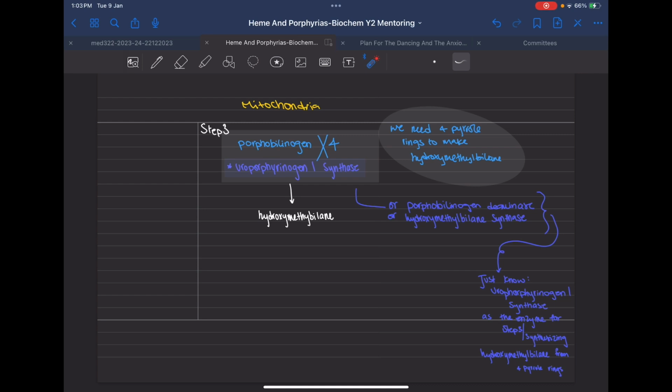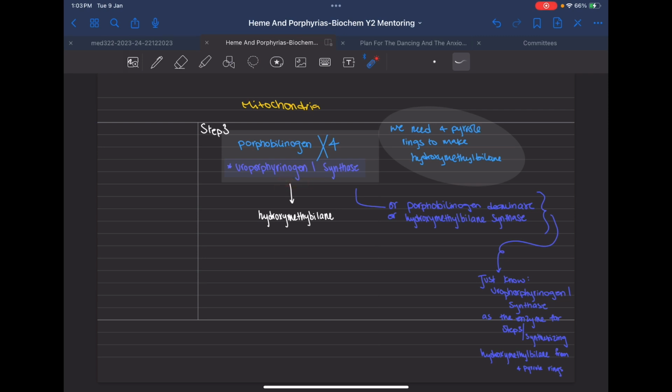linear. So this is actually here just to clear up any confusion, because in your lecture slides there is more than one enzyme name written, and when I was doing my own research for preparing for this mentoring session, I came across these 2 different names at first, not this one.